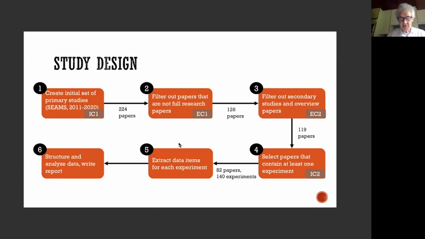Then these papers went into an in-depth study where we extracted all the data items that I was showing you before. Then we started analyzing and structuring that data. And finally, we wrote the report, the paper that we present here today. So with this, I have introduced the study. I now leave the word to Ilias, who will discuss the results. Thank you.